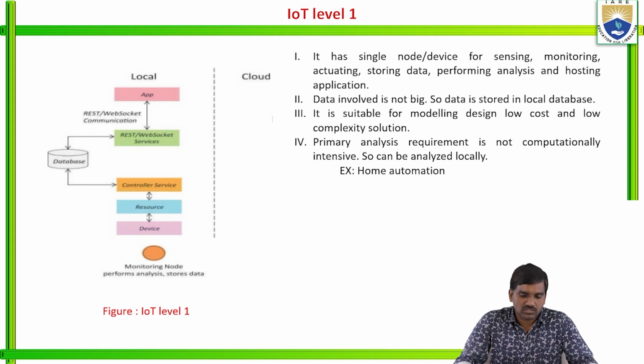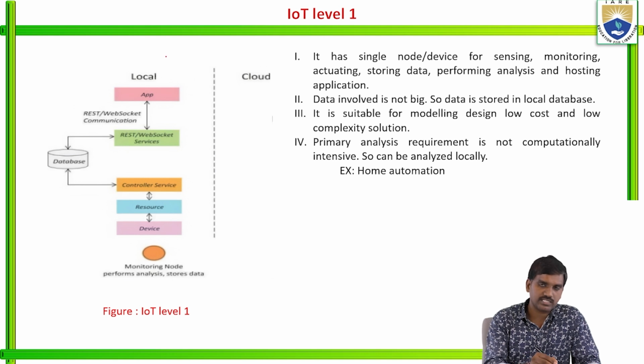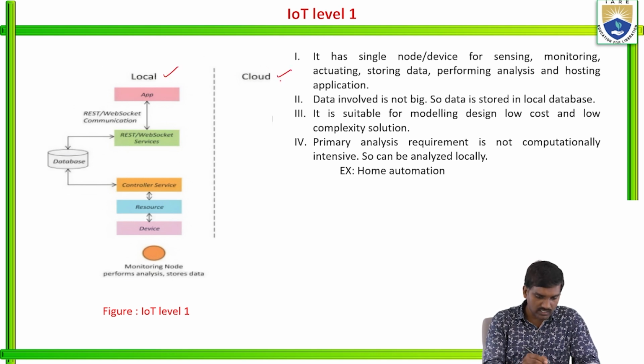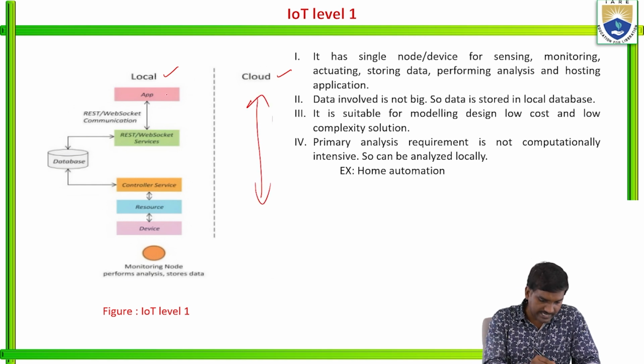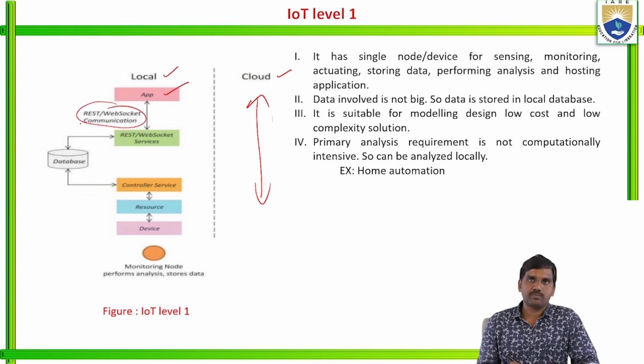Let's start with level 1. Here, in level 1, we are not entering into any cloud; it uses local storage. The local one is application oriented, using REST or WebSocket communication APIs.